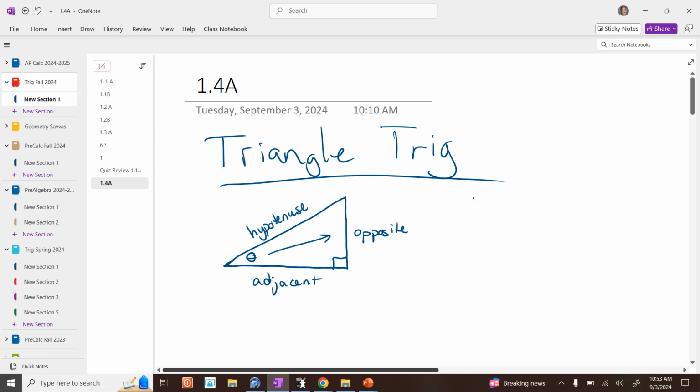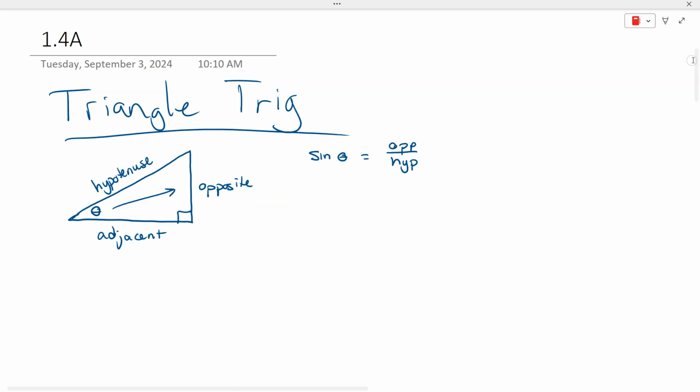So the sine of my angle is the ratio of the opposite side over the hypotenuse. The cosine of my angle is the ratio of the adjacent side over the hypotenuse.